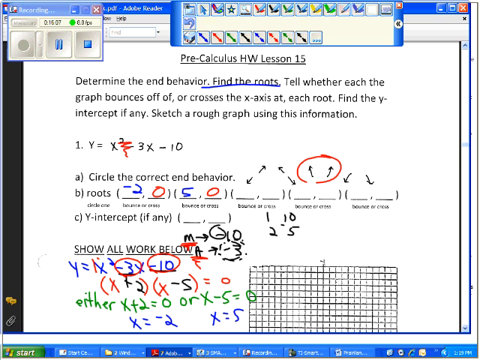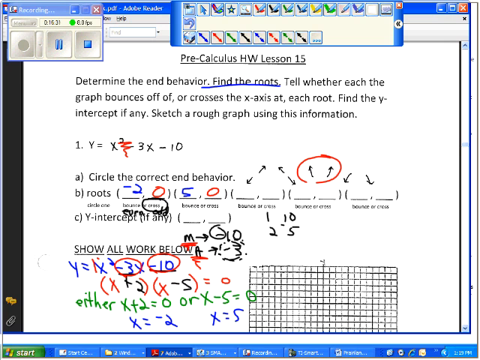Now I want to know if they bounce or cross. They bounce if there's an even number, and they cross if there's an odd number. The root negative 2, 0, does it appear an even or odd number of times? Well, there's only one of them. There's only one negative 2, 0. It appears once, an odd number of times.